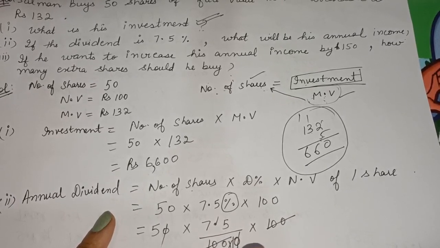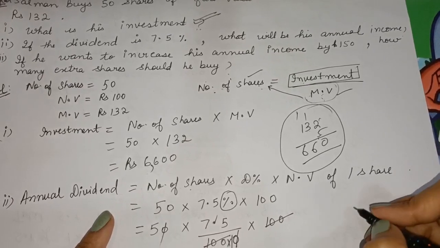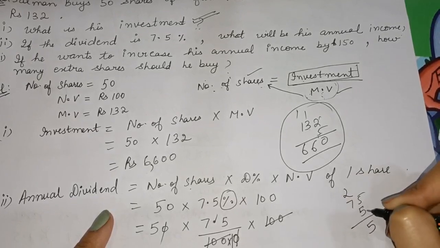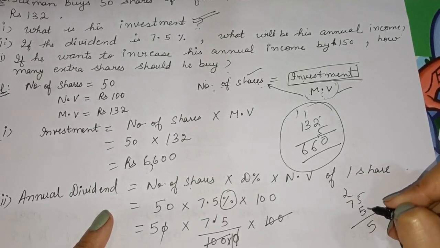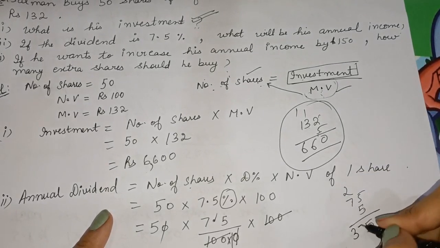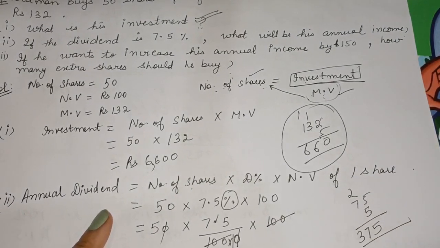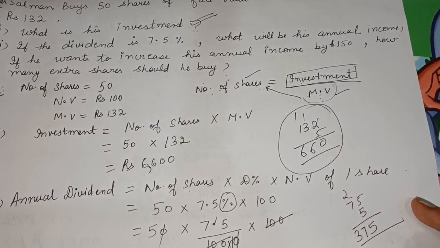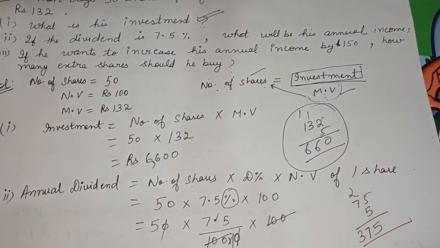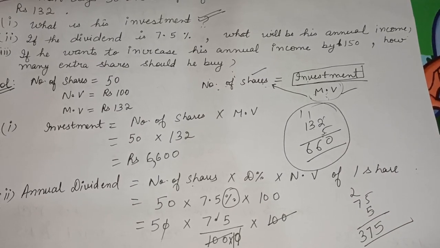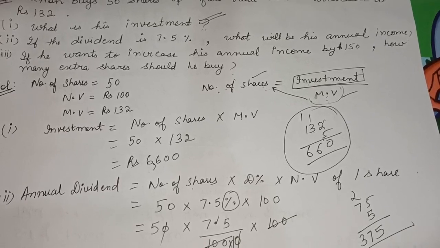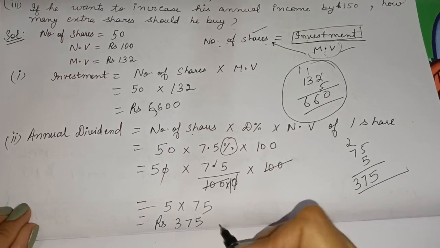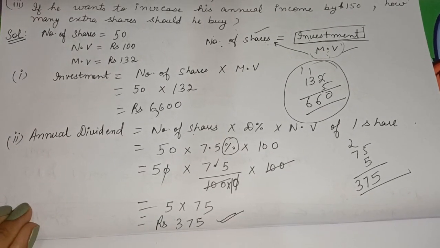So 5 into 75, we can multiply 75 into 5, 5 into 5, 25, 7 into 5, 35, 36, 37. So that means annual income we have got equals to 375. So two parts of the question done.